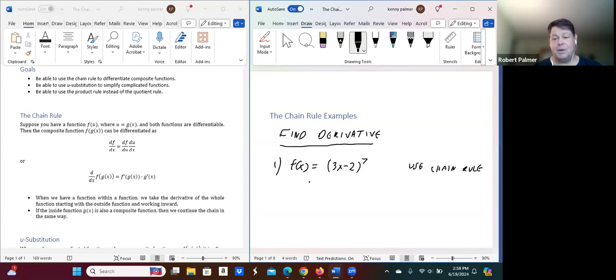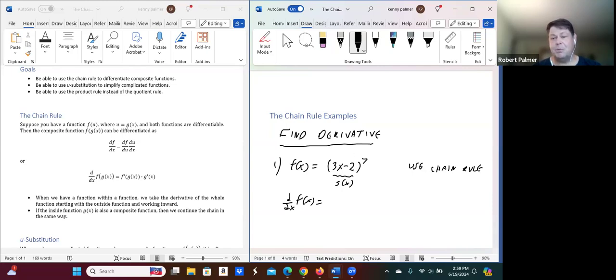So what that means is that, essentially, the inside, 3x minus 2, is my g of x. Okay, so let's take the derivative. f prime of x, the derivative of this, you write it in this form or another form. First, the outside function is something to the 7th power.